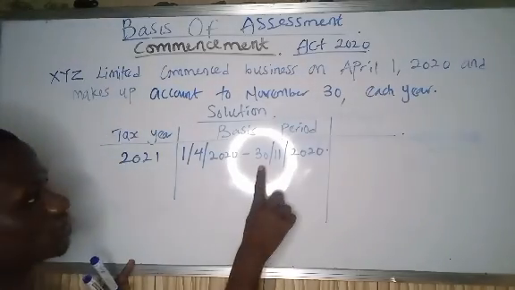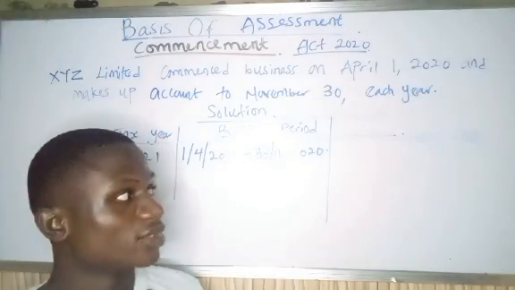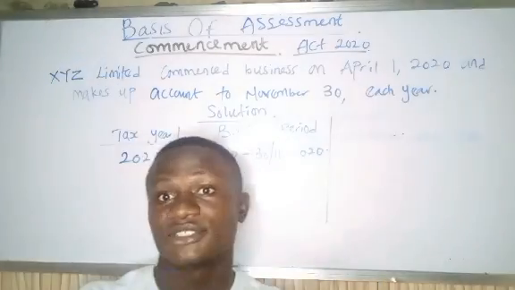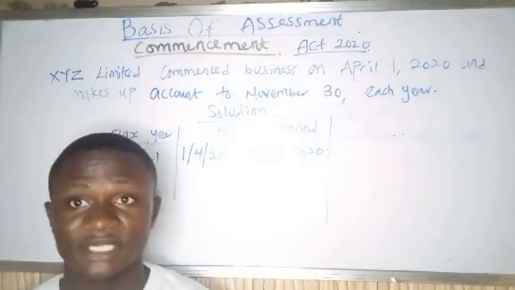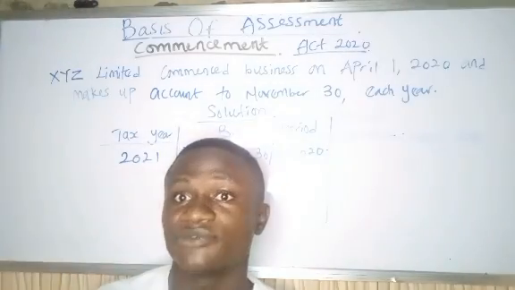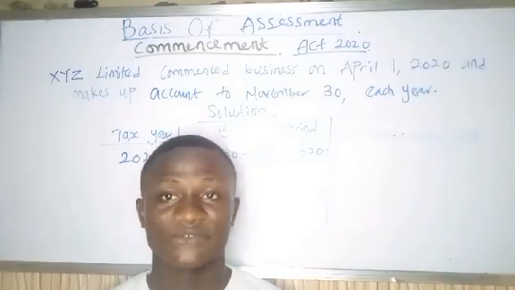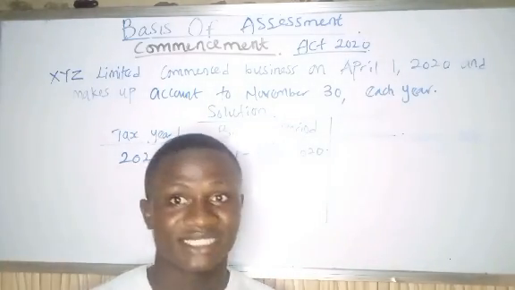So since they have chosen 30th November to always end their business, look at it. We have January, February, March till December. You already know that. So if a business is ending 30th November of this year, definitely the new accounting year will start 1st of December of that same year.